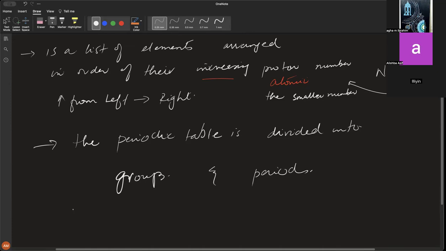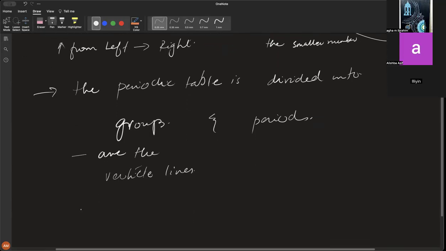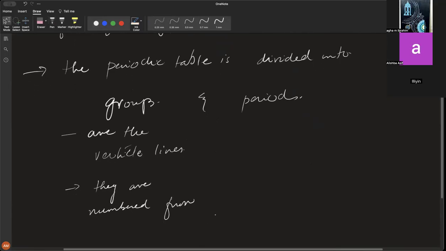So the groups are the vertical lines. They are numbered from 1 to 0.